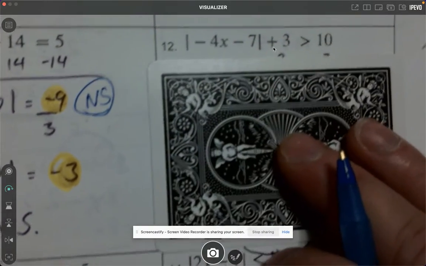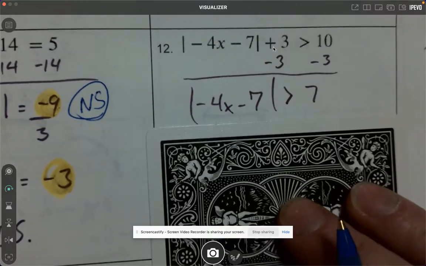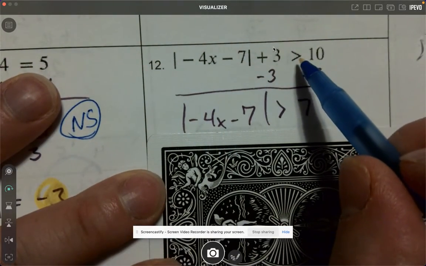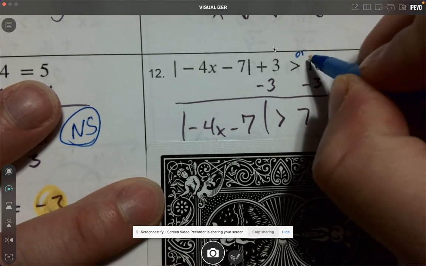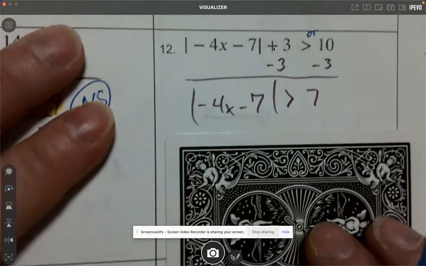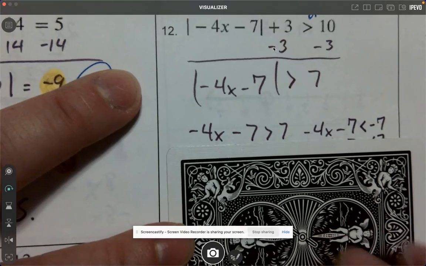Number 12, I minus the 3. I'm in positive 7. Set up my 2. Oh, but look, things have changed. I just noticed we're at a greater than. Remember we talked about this with math by 5's, greater than. So then I'm going to break this up into two equations like this.